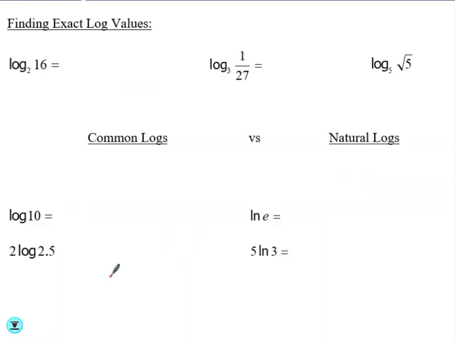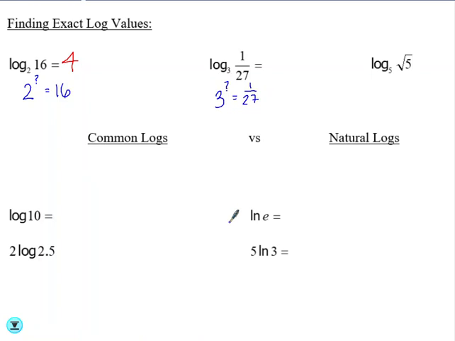Let's look at evaluating logs. When you see log base 2 of 16, I think it is helpful to think about it in terms of the exponential. So this is asking, 2 to what power gives you 16? Well, 2 to the 4th power is 16, so the answer to this log is just 4. If we look at the next one, log base 3 of 1 over 27. That's asking us 3 to what power gives us 1 over 27.